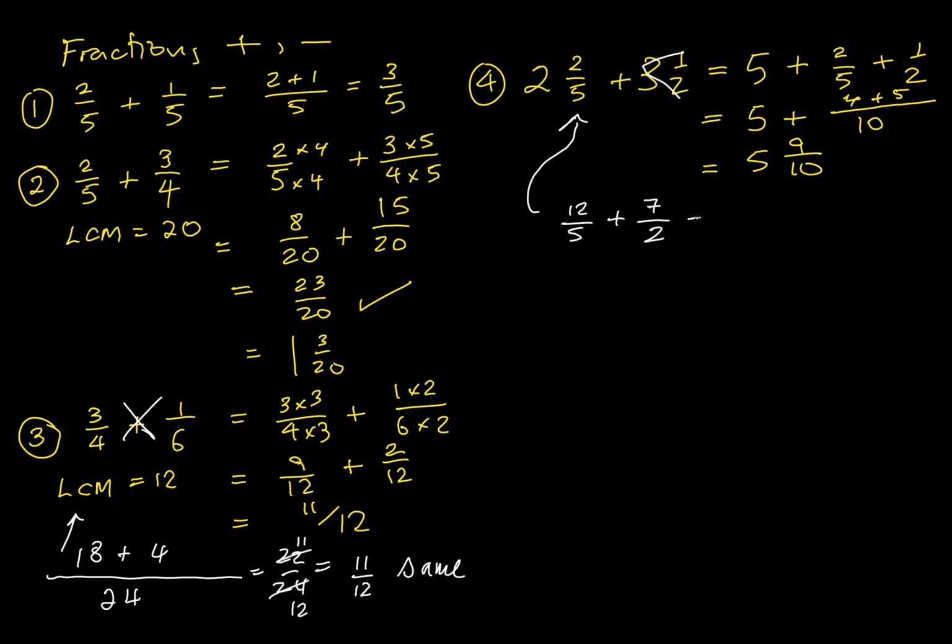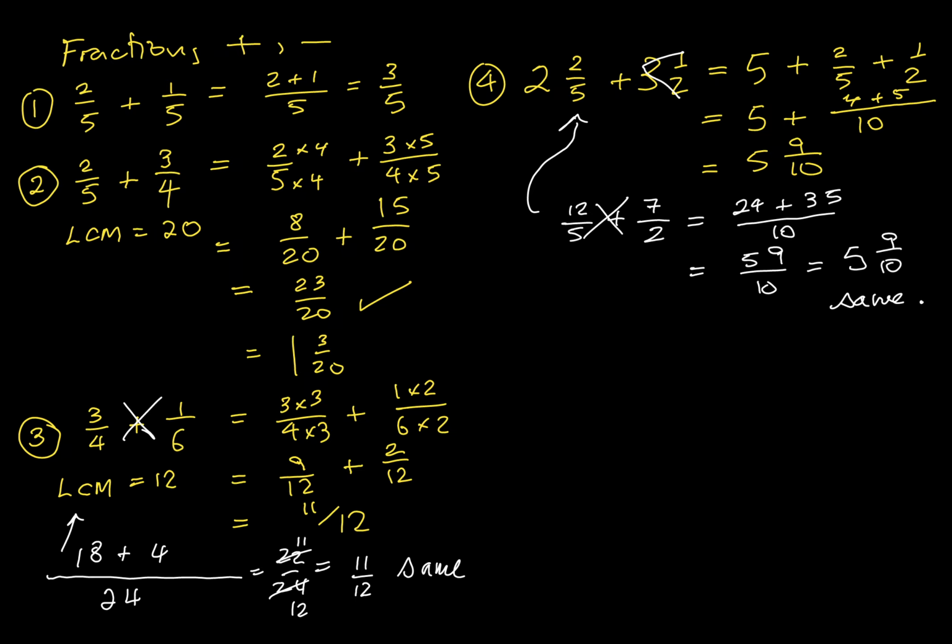And then you do the normal thing. You can cross multiply this one, so that's 24 plus 35 over 10. So that gives you 59 over 10. So it wasn't too bad, was it? Again, that's 5 9/10, which is the same as it should be.